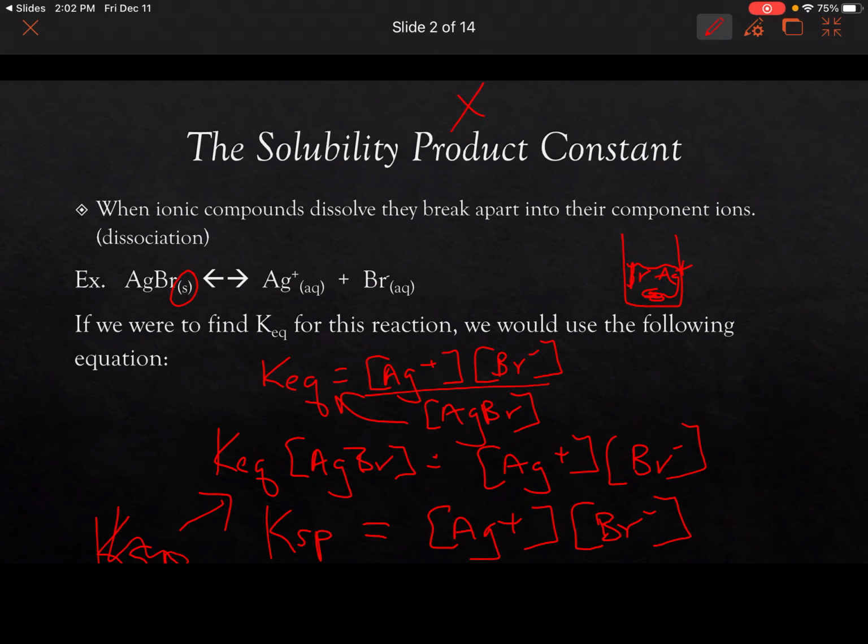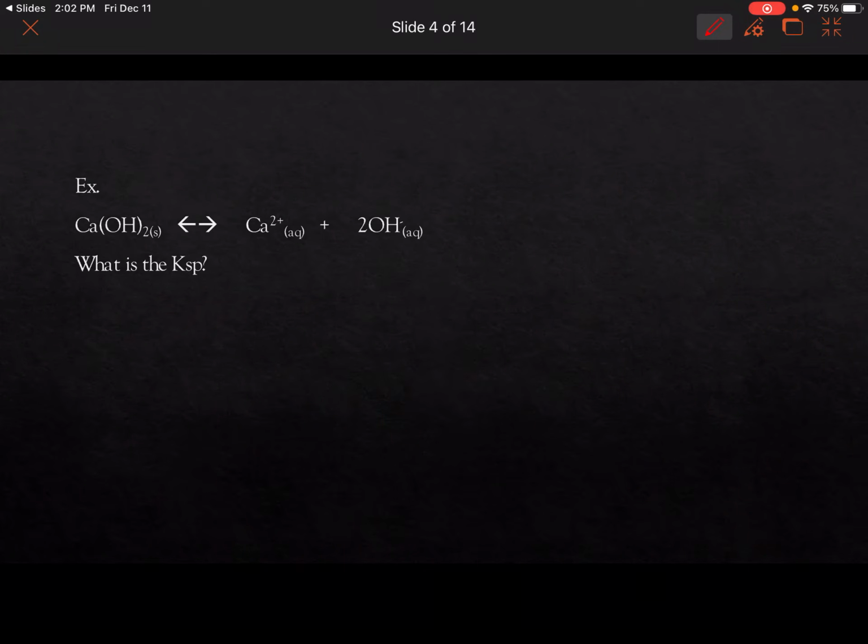Okay, so that's KSP. So looking at this one here, what is the KSP of this particular formula? We've got solid calcium hydroxide in equilibrium with Ca2+, the calcium ion, as well as 2 moles of the hydroxide ion, 2 OH minus. So KSP is going to be equal to the multiplication of the products.